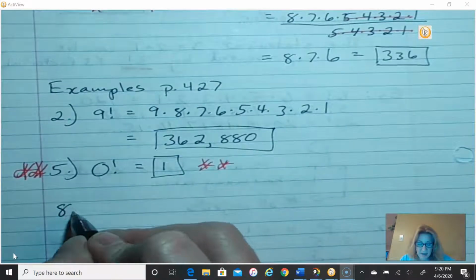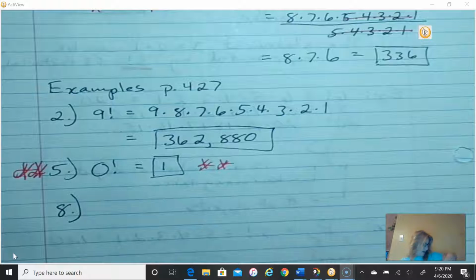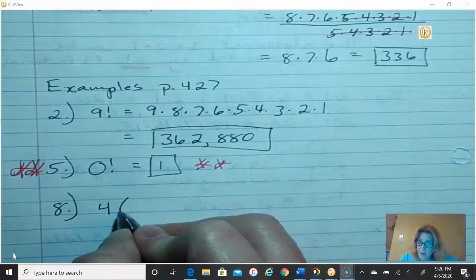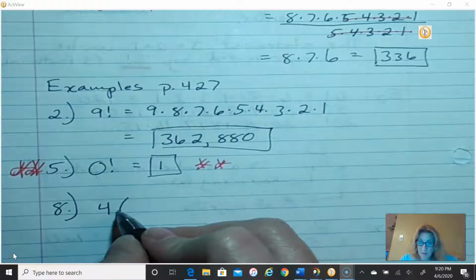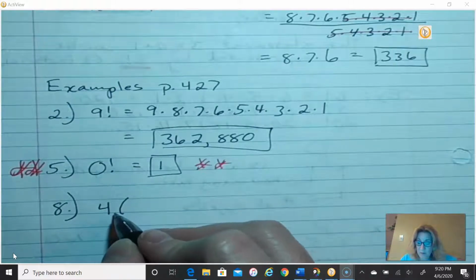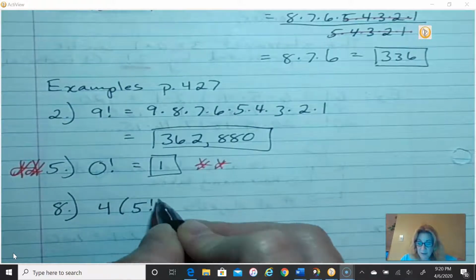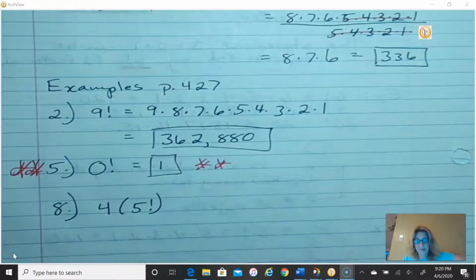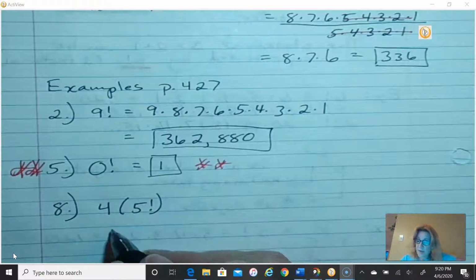All right, number 8. Number 8 says evaluate the following products. Ooh, that's weird. 4 times, remember when there's nothing in between, that's multiplying, 5 factorial. Okay, so we're going to solve that.